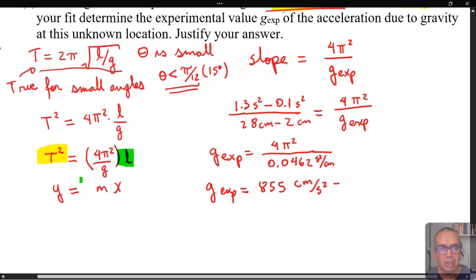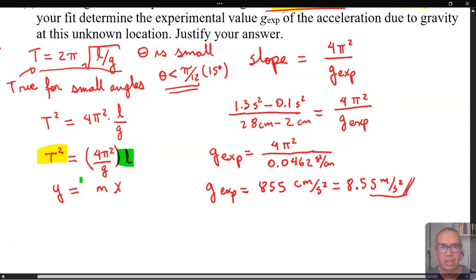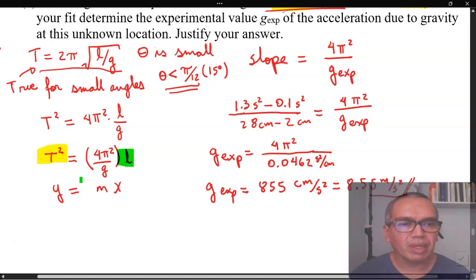So if you want it as a more standard value, that's 8.55 meters per second squared, which you get by simply dividing by 100 centimeters in 1 meter. And that is the answer that they were requesting in part B, an experimental value for the gravitational acceleration.